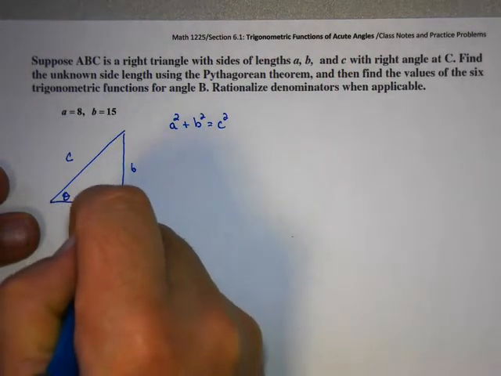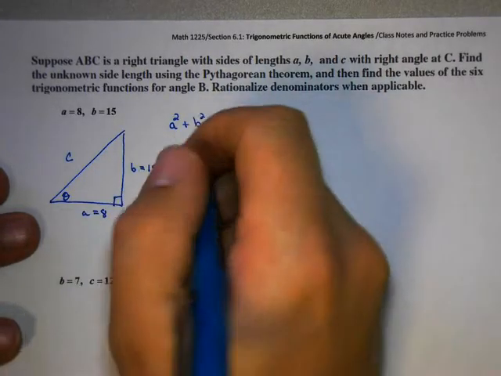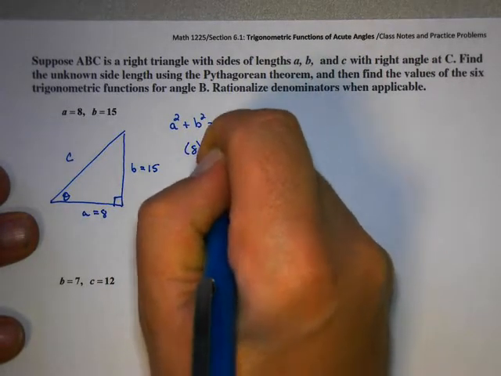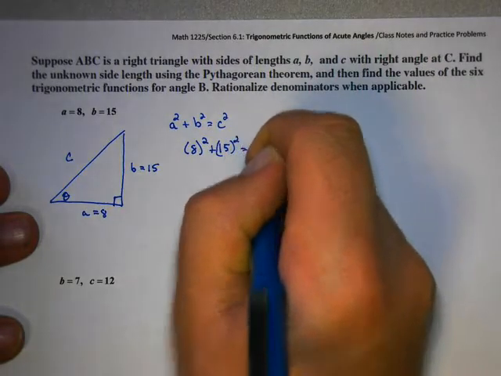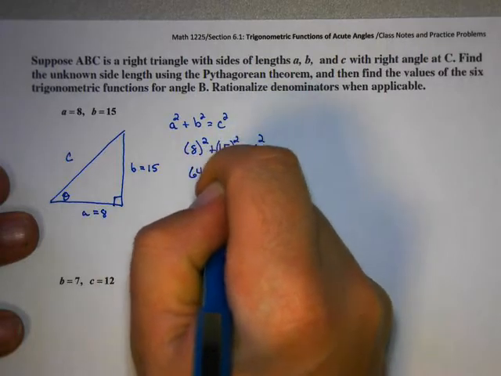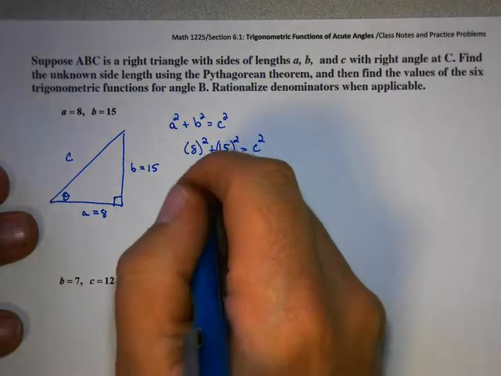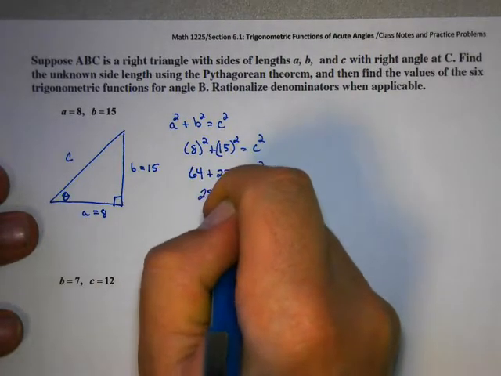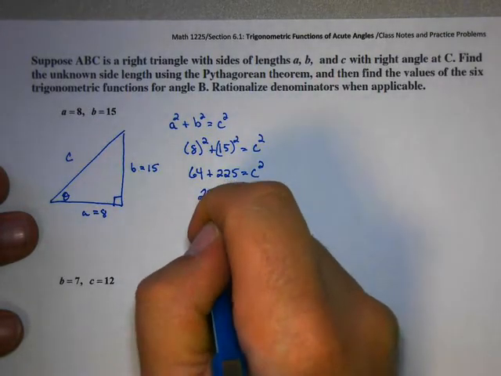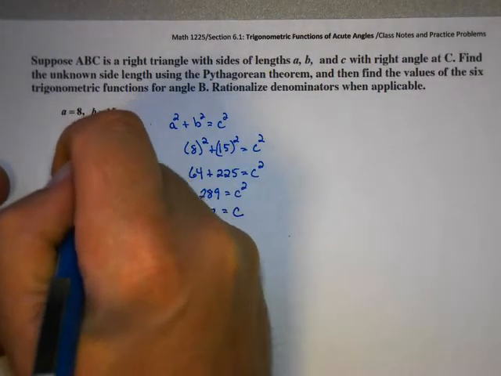So if A equals 8 and B equals 15, then 8 squared plus 15 squared equals C squared. We have to find that hypotenuse. 64 plus 225 equals C squared. 289 equals C squared. So the square root of 289 is 17, which equals C. So we know C is 17.